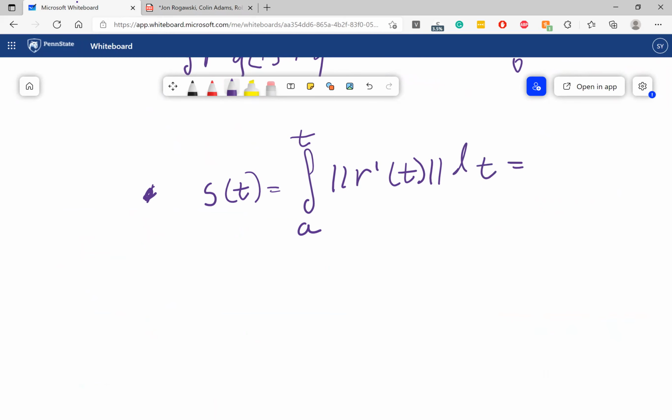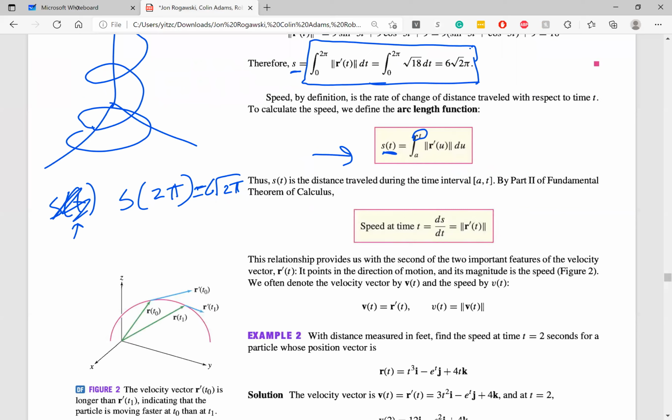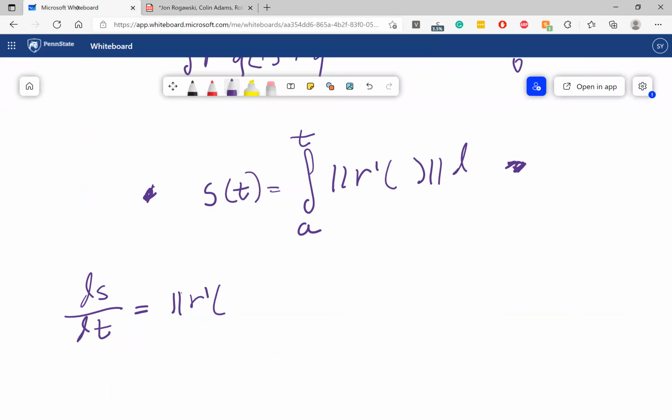And so ds over dt, by the second part of the fundamental theorem of calculus, is just going to be the magnitude of r prime of, okay, sorry, if you have a t there, then this should be, what do they use? U. So U and U.